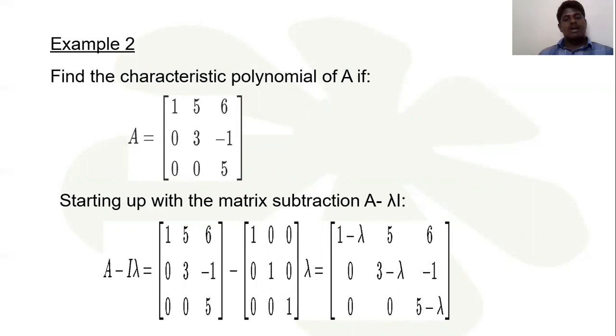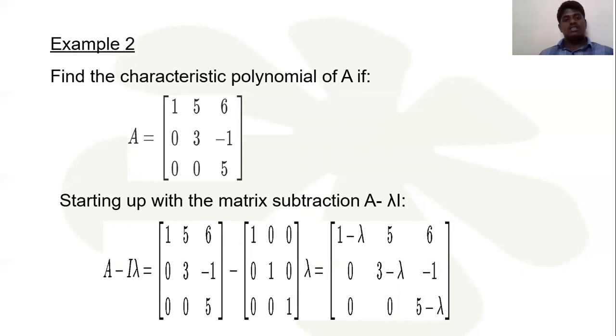Starting with the matrix subtraction A minus lambda I, which equals the matrix 1, 5, 6, 0, 3, minus 1, 0, 0, 5, minus lambda times the identity matrix, which equals 1 minus lambda, 5, 6, 0, 3 minus lambda, minus 1, 0, 0, 5 minus lambda.